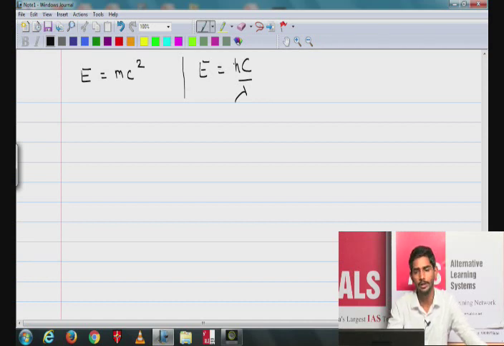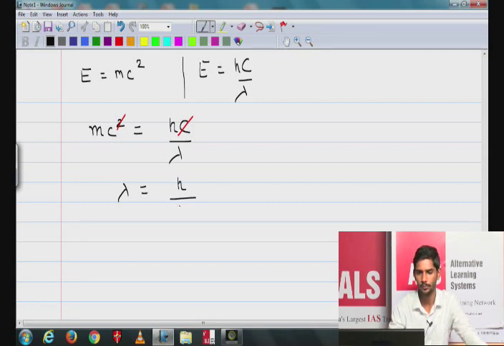So as both are equal, we can equate these two. So mc² should equal hc/λ. One c will be cancelled out. Now I can solve it for λ. So λ would be equal to h/mc. This is our required relation.